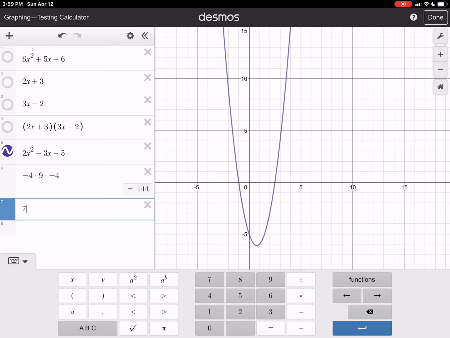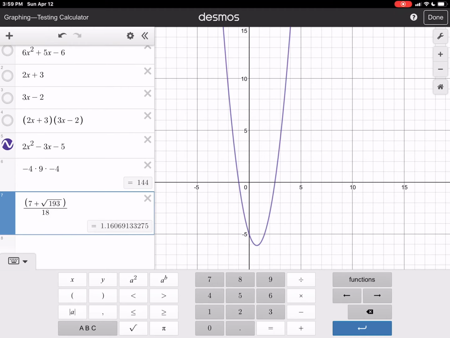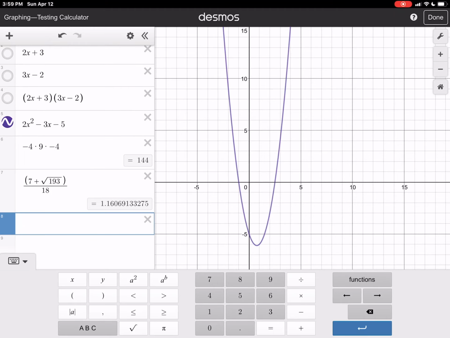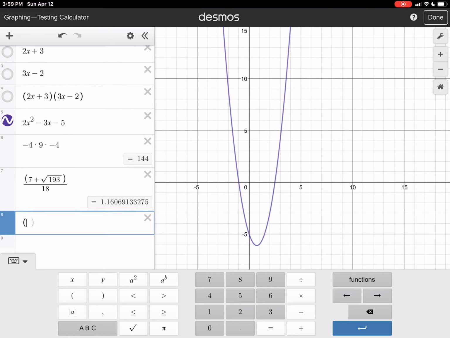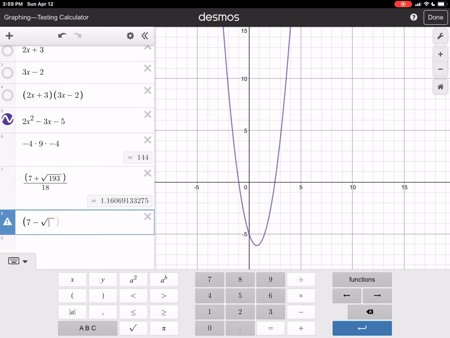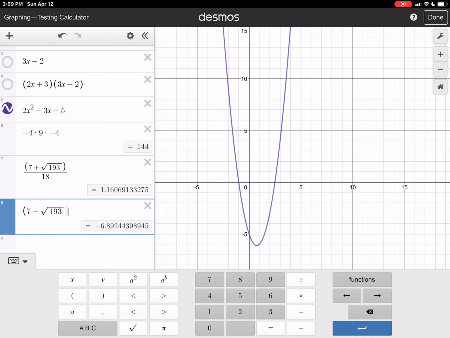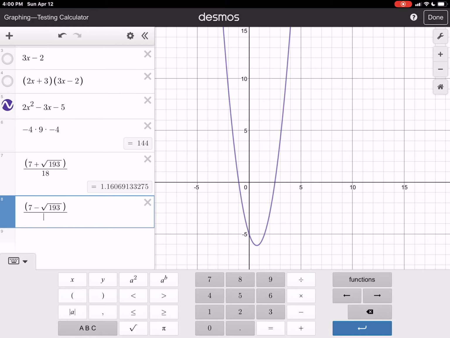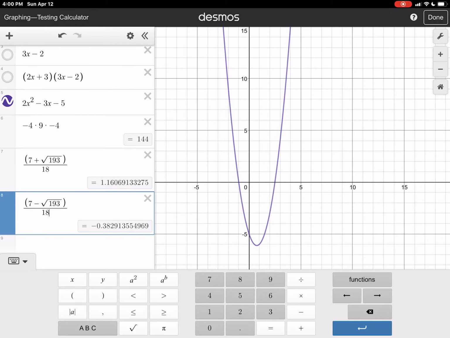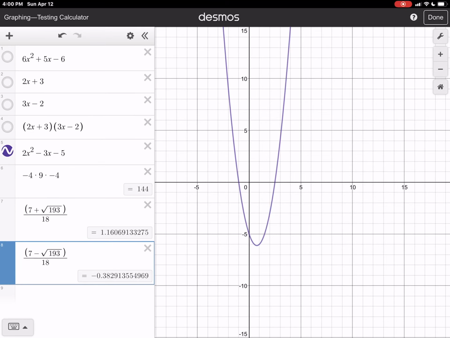So 7 plus square root of 193, and I want that entire thing to be divided by 18. And let me go ahead and plug in the other one. 7 minus square root 193, all divided by 18.